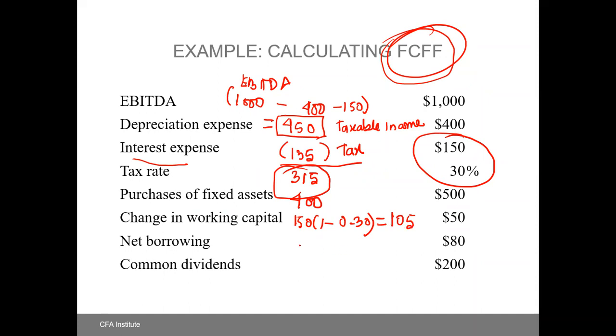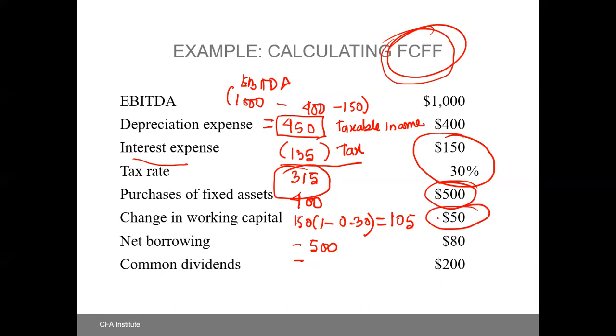105. Okay. Then you should subtract something. What is that something? Capex, sir, capital investment. Investment in fixed capital, 500. Then do we have anything else? Working capital investment, this one 50. Is it positive?